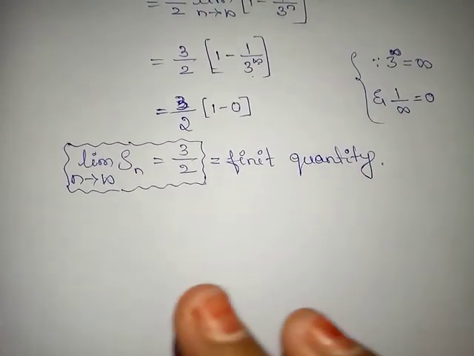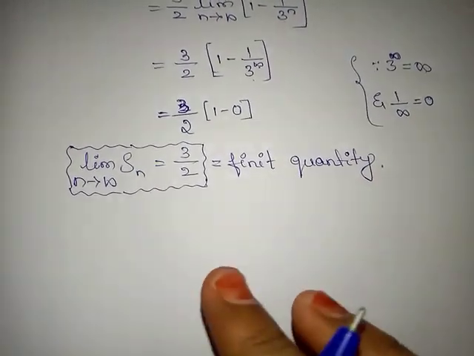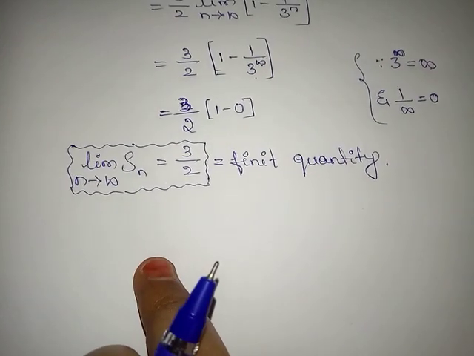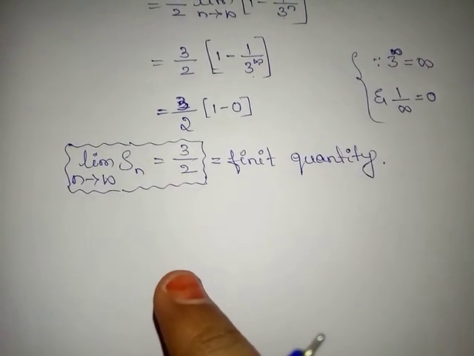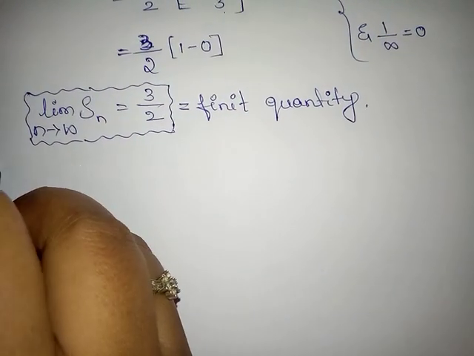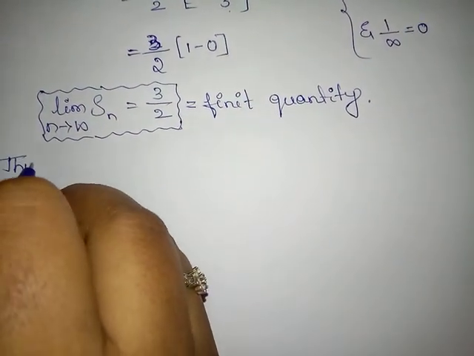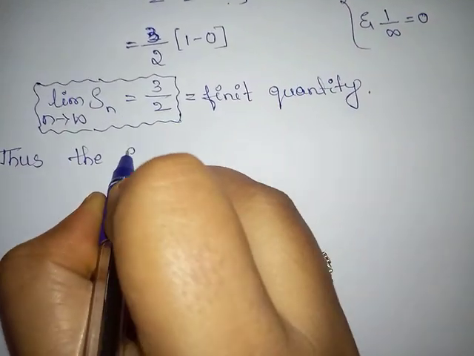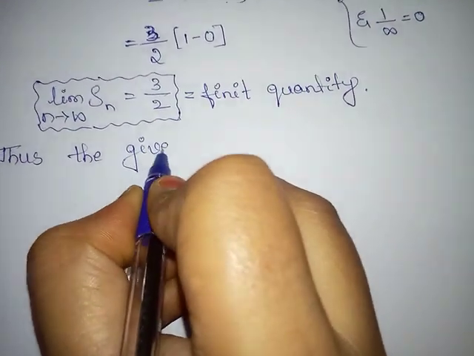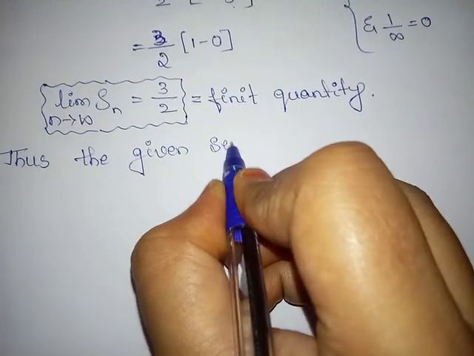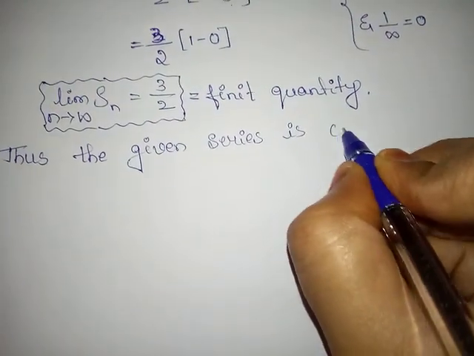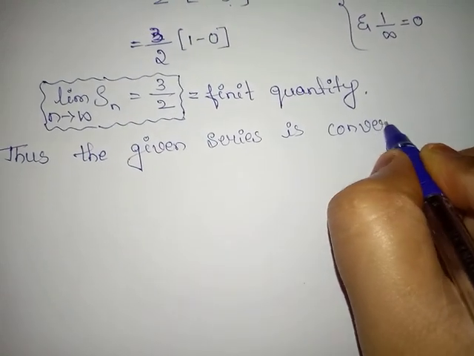Convergent. Therefore in this example, the given series is convergent. Nature of this given series is what? Convergence. Thus, write conclusion. Thus, the given series is convergent.